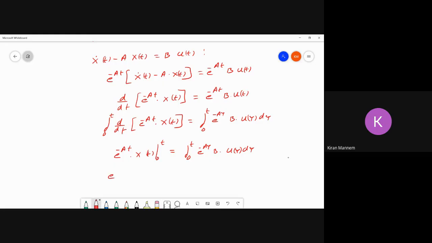So this would be e power minus at x of t minus x of 0, which would be integral 0 to t e power minus A tau into B into u of tau d tau.